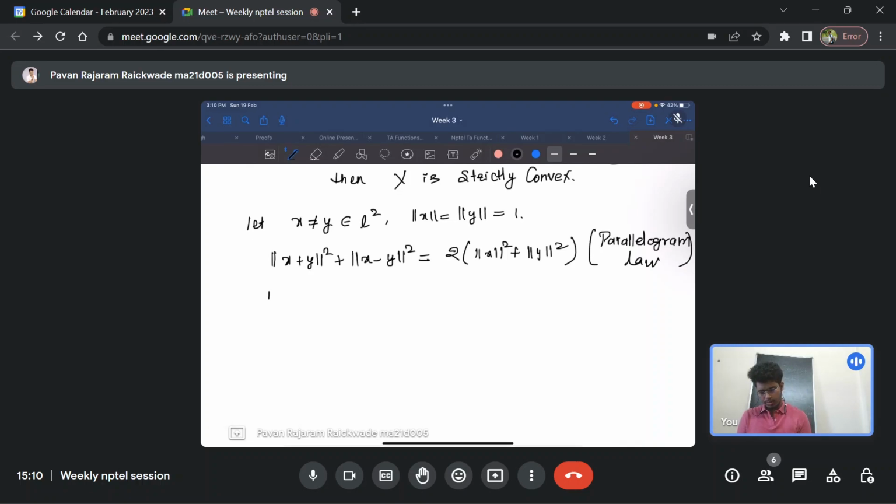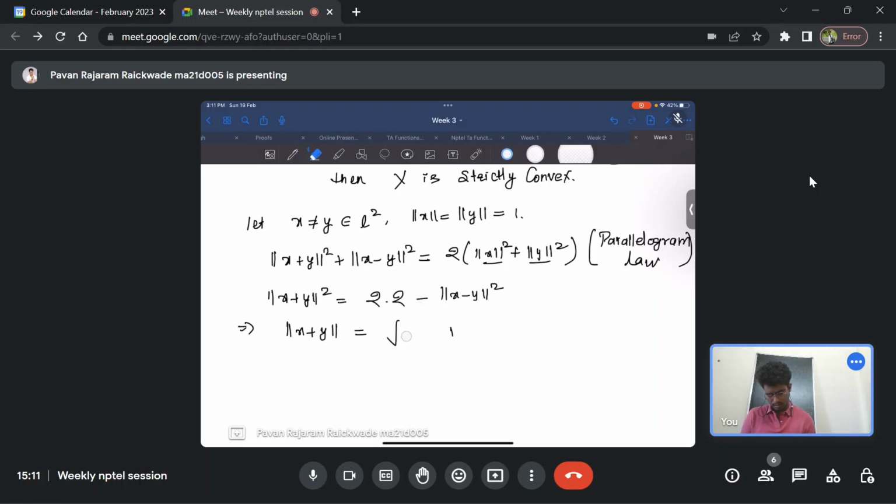So norm of x plus y squared equals 2 times 2 minus norm of x minus y whole squared.